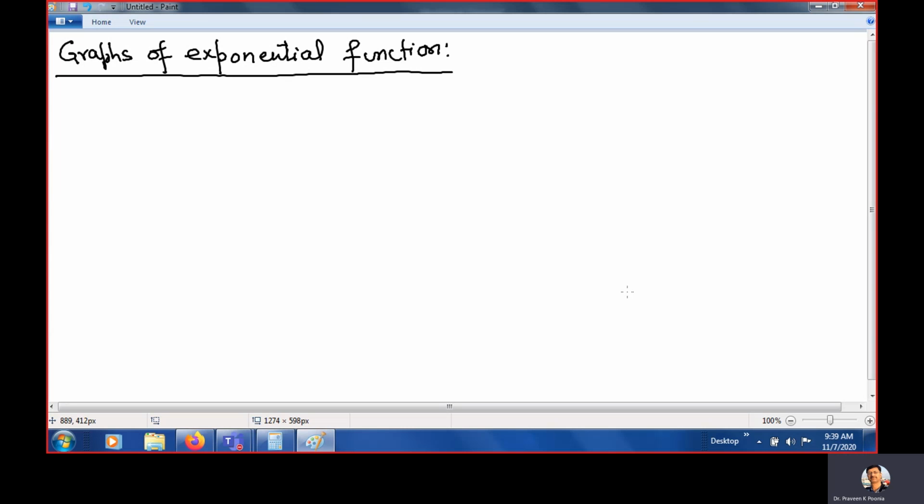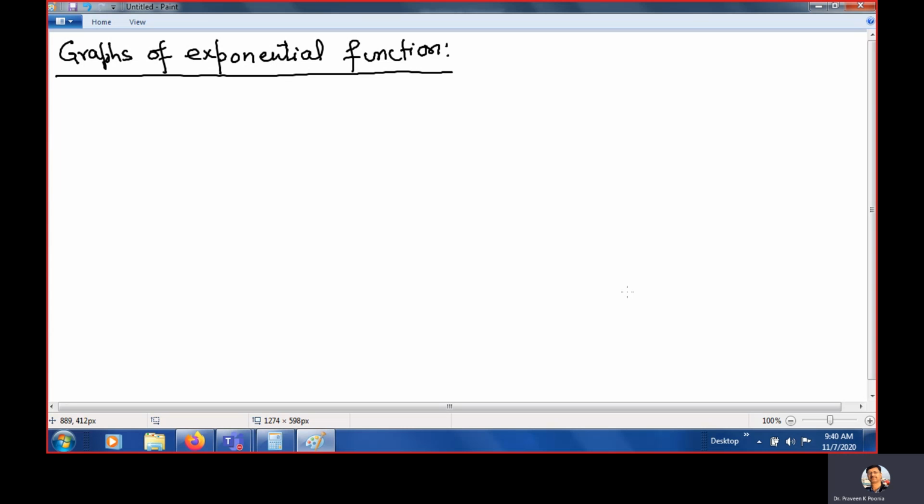First the vertex, then the x-intercept and the y-intercept. If it is a positive parabola, we match all the points and open it up. If it is negative, meaning a downward parabola, we make it open down by matching all these 3 points. Clear? Here the story is different.